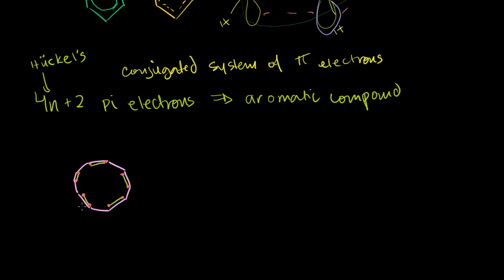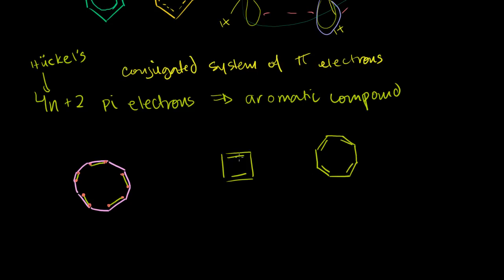Now, this is one thing that I always wondered. It worked with 6, it worked with 10, but what about 8? It seems like with 8, maybe these double bonds could flip around just as easily. Or even 4. What if I had a molecule that looked like this? Or a molecule that looked like a stop sign? So 1, 2, 3, 4, 5, 6, 7, 8, that had double bonds that alternated like this.